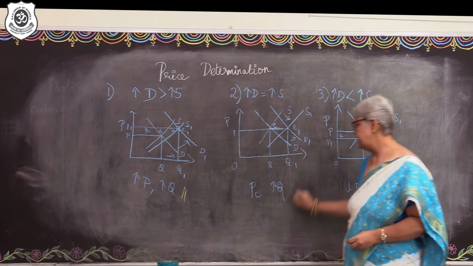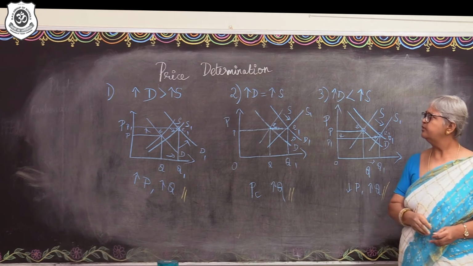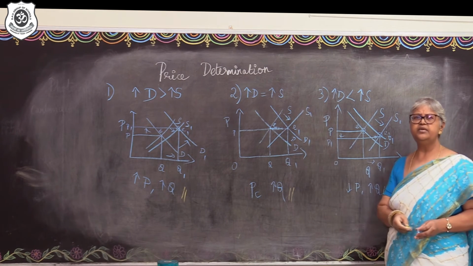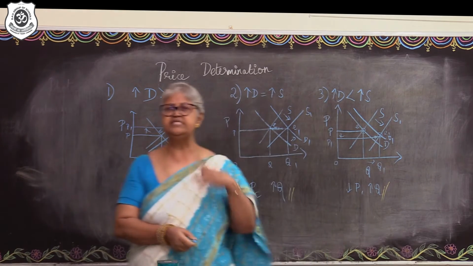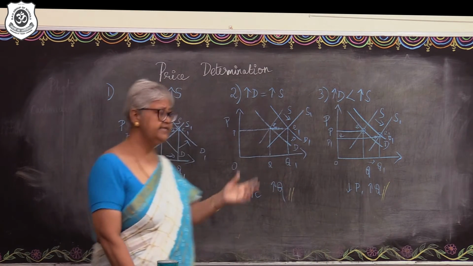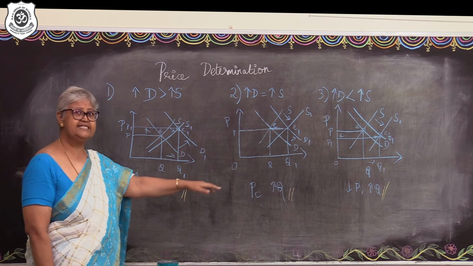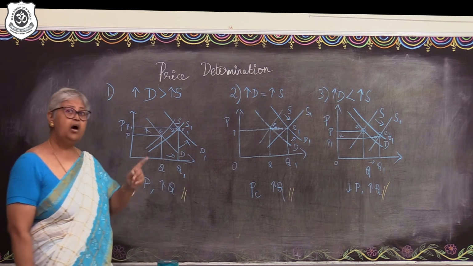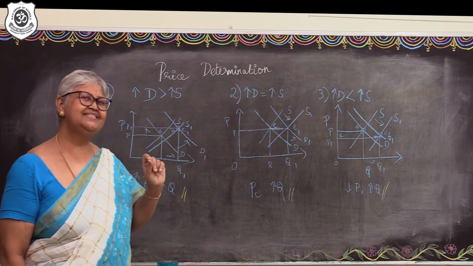Output increases, output increases, output increases. Yeah, why not? What are we discussing after all? We are discussing increase in demand and increase in supply. Yeah, so that means greater amount is going to be transacted in the market, isn't it? So, commonly in all the three cases, we understand that the output is increasing. But the outcome is different only in the case of the equilibrium price.